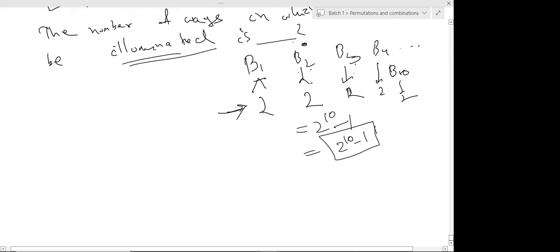So we have to take that option out. Is it clear, Gautam? Yes, sir. Okay. You are absolutely clear, right?